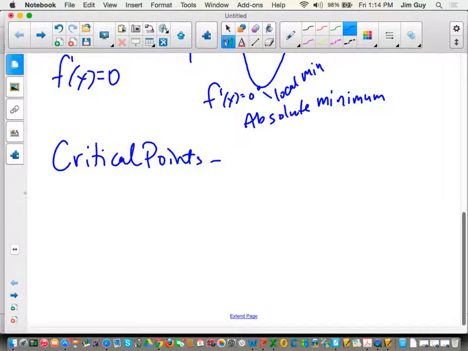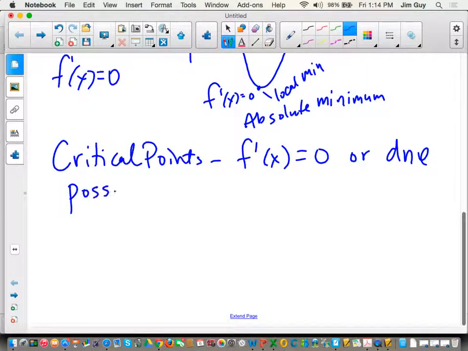And critical points are just simply places where the first derivative is equal to 0 or does not exist. And these are possible mins and maxes. They don't have to be, but they're possible.